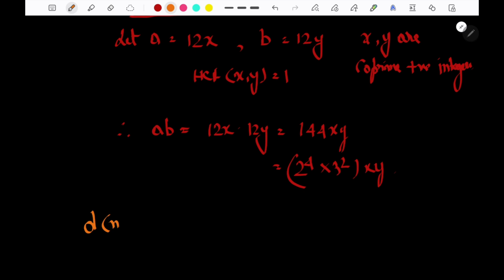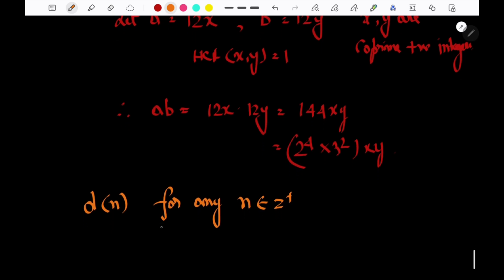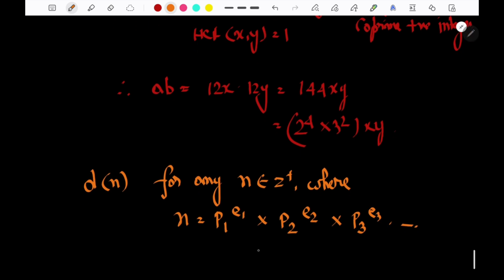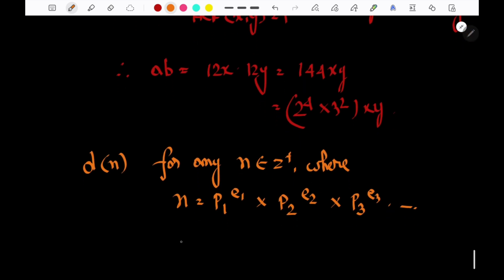For any n belonging to Z plus, where n can be prime factorized as P1 to the power E1 into P2 to the power E2 into P3 to the power E3 and so on, d of n is equal to (E1 plus 1) into (E2 plus 1) and so on.